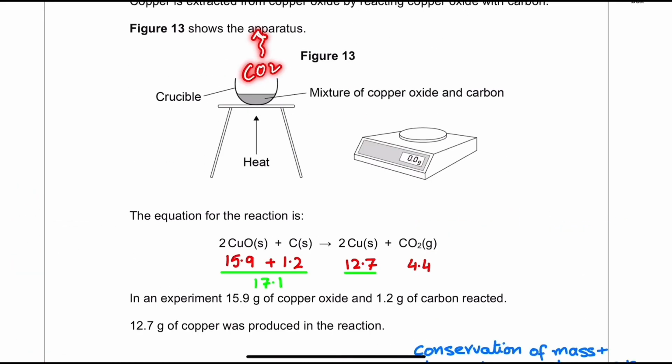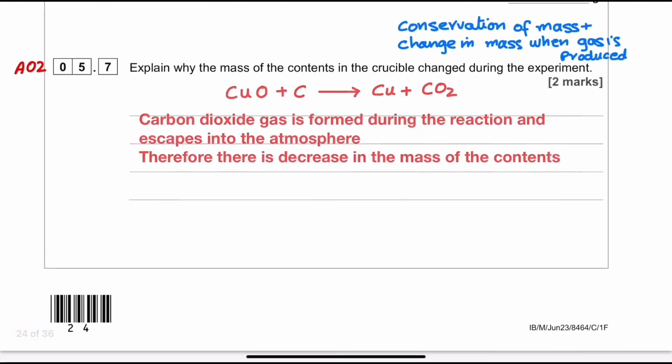It goes into the air, which is about 4.4 gram. As the result, the mass of the remaining contents is reduced after the reaction. Let's see the model answer. Carbon dioxide gas is formed during the reaction and escapes into the atmosphere. Therefore, there is a decrease in the mass of the contents.